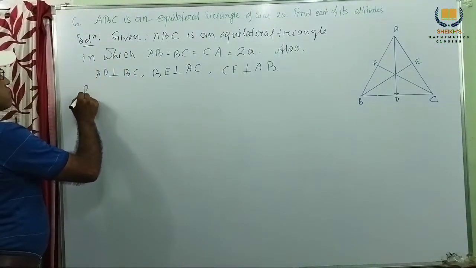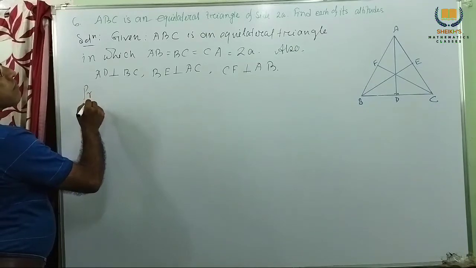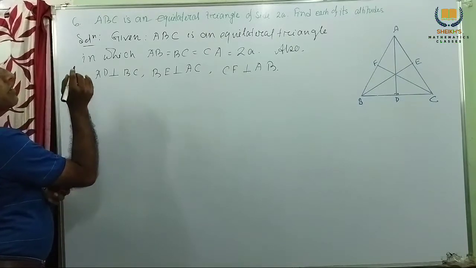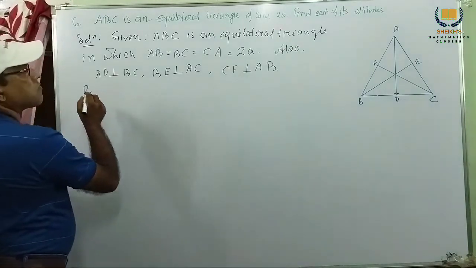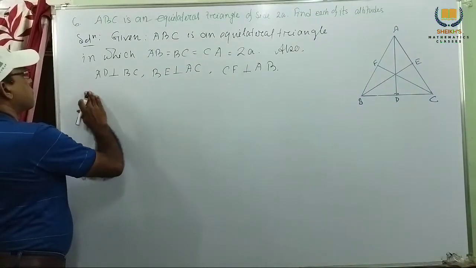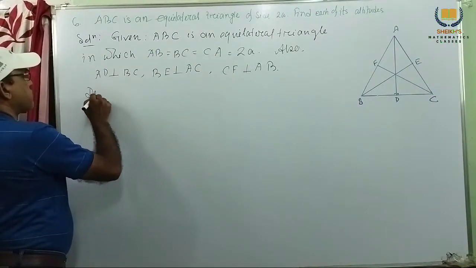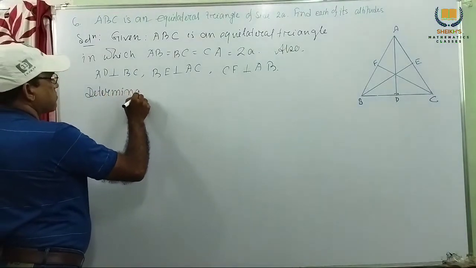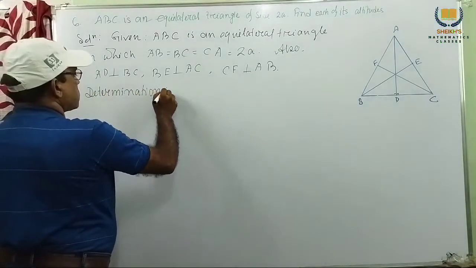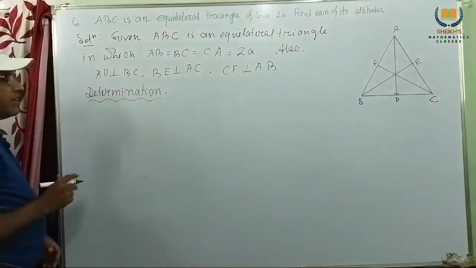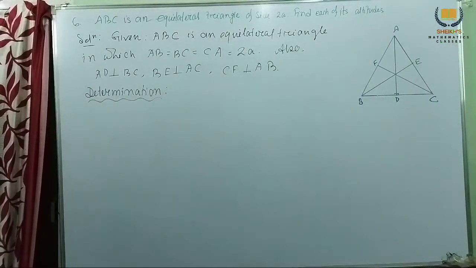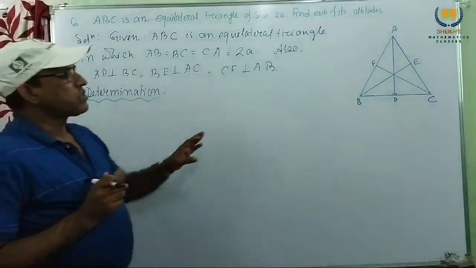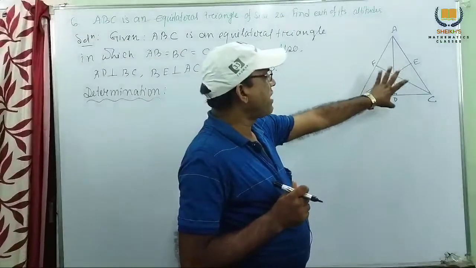Now proof or determination. So we consider, now we want to find AD, BE and CF.